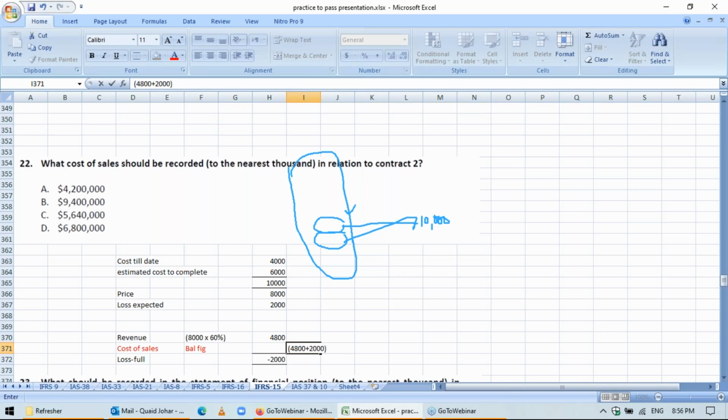A loss is always incurred when the cost exceeds the revenue, right? So if you need a 2,000 loss, you have to record the cost more by 2,000 than the revenue. So 4,800 is the revenue, so I'm recording the cost more by 2,000. This makes minus 6,800. So 6,800 is the correct answer, and the correct answer to this question is D. So expected losses shall be recognized immediately, right?